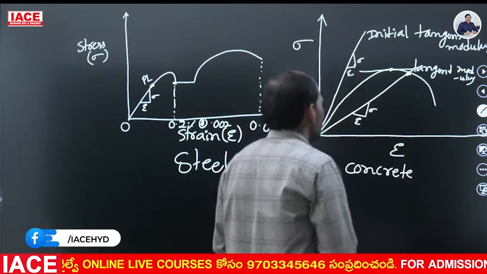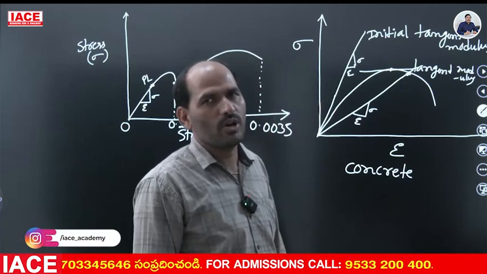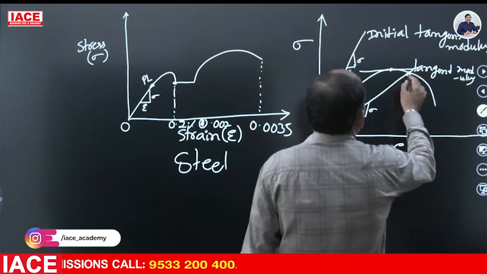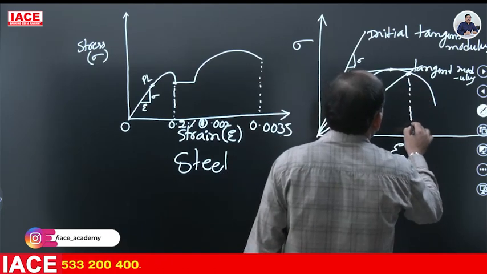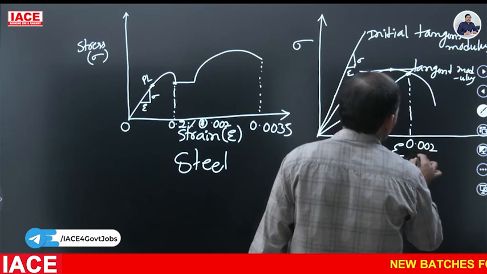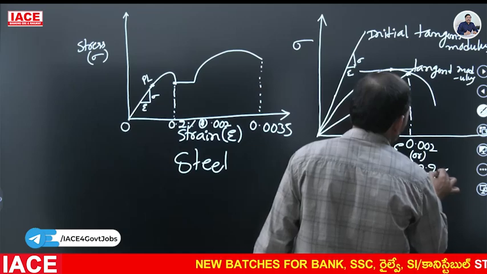Stress is directly proportional to strain, which means modulus of elasticity: stress upon strain means modulus of elasticity. This point we consider as 0.002, that is 0.2%.